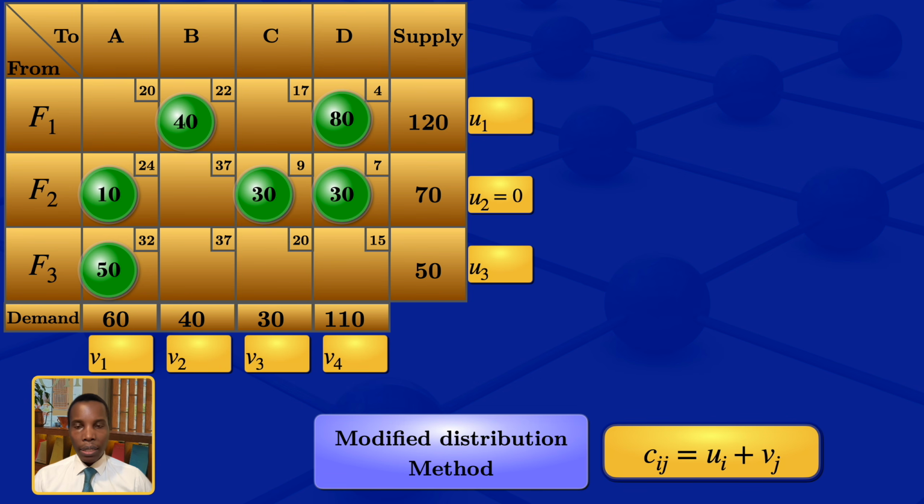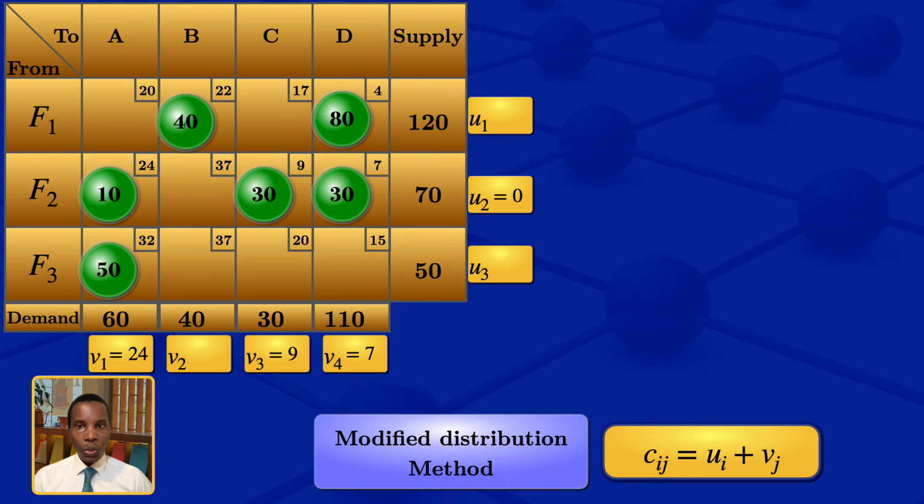For this part, 24 equals 0 plus v1, so v1 is 24 minus 0, which gives us 24. Then 9 equals 0 plus v3, so v3 is 9. Then 7 equals 0 plus v4, so v4 is 7 minus 0, which gives us 7.